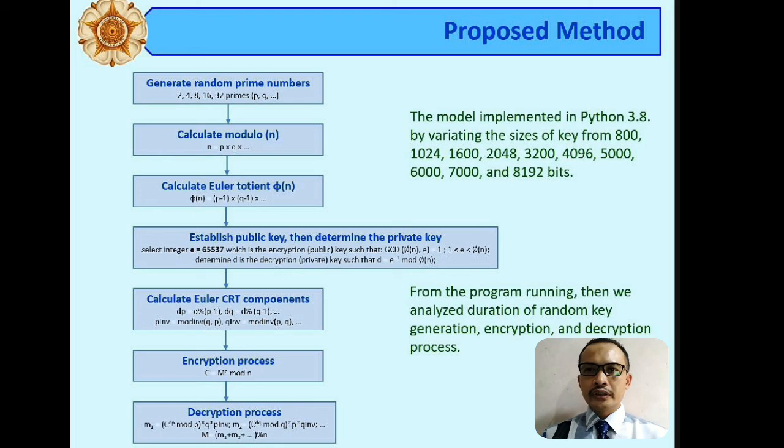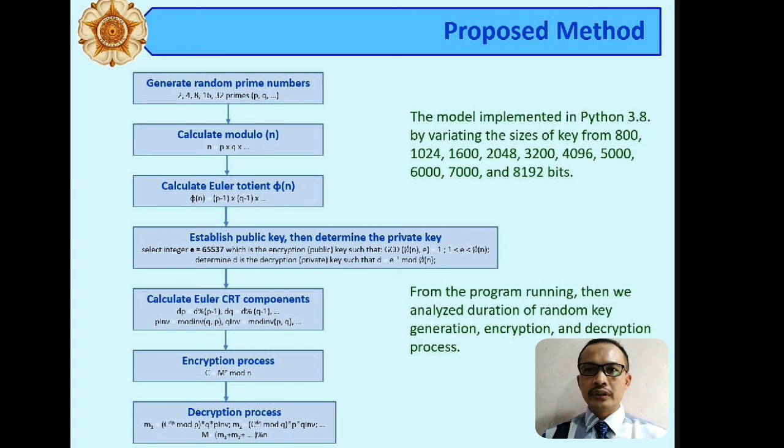In these slides, I will tell you about our proposed methods. We know that an RSA algorithm generates a random key, especially public key and private key, based on only two prime numbers. But to expand the implementation of the Chinese remainder theorem, we improve the standard RSA algorithm by using multi-prime numbers.